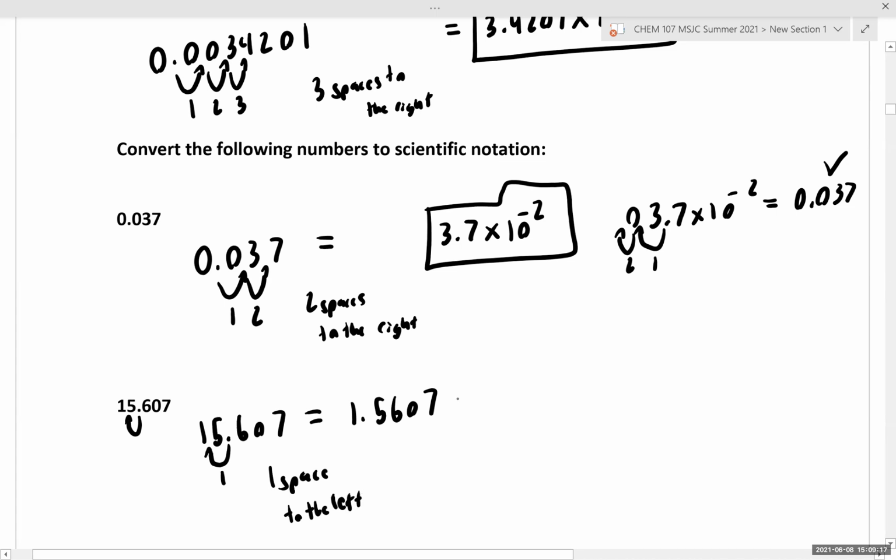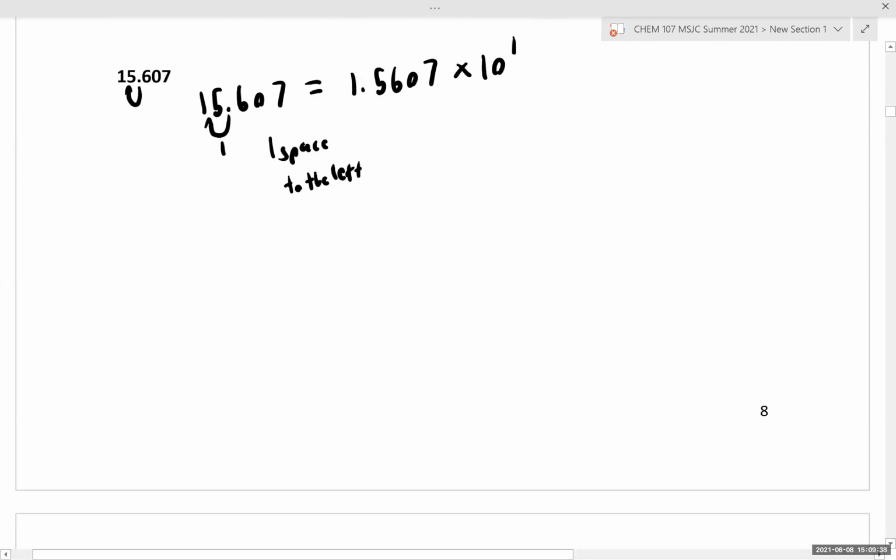That gives us 1.5607 times 10, or times 10 to the first. Does that make sense? Any questions on these examples? If not, let's keep going now.